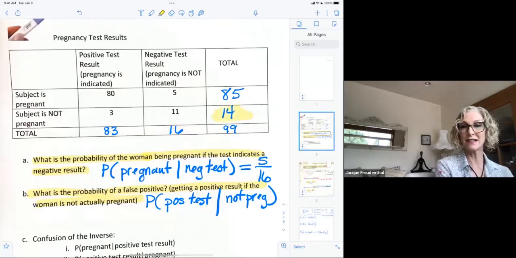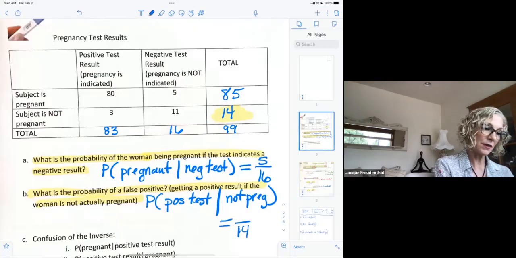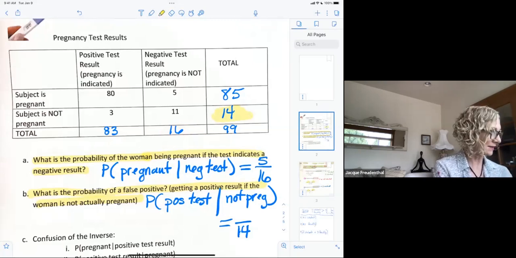There's 14 total. So out of those 14, how many got a positive test result? And we can see that 3 got a positive test result.